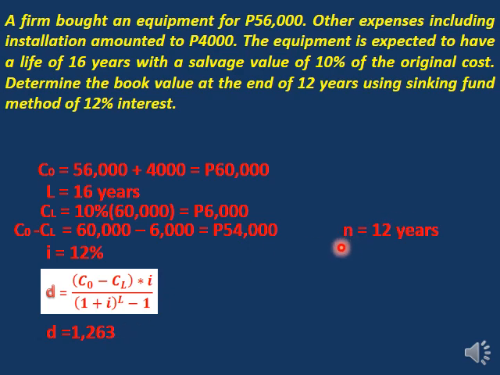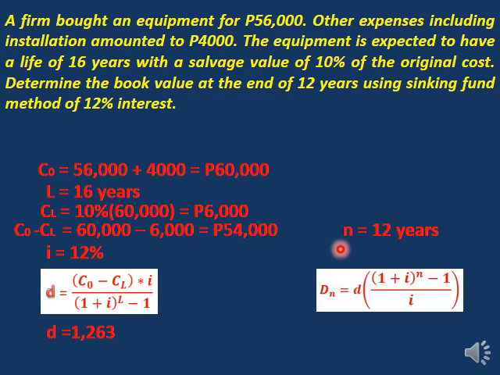Well, using the future worth of annuity formula, which is this one. The annuity is the amount deposited in the bank, which is the depreciation, times the future worth factor of the annuity. The total amount accumulated in the bank, including the interest, is the total amount depreciated by the machine.